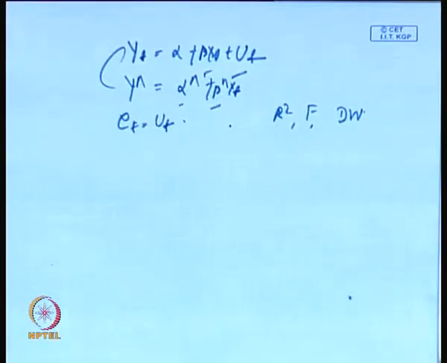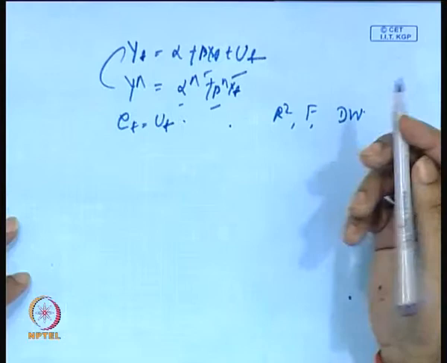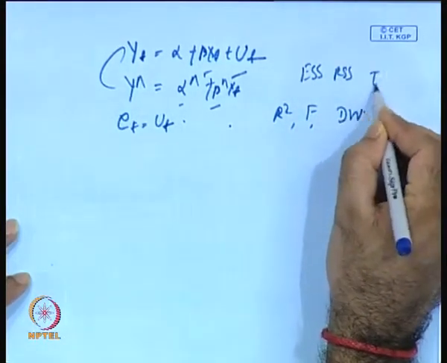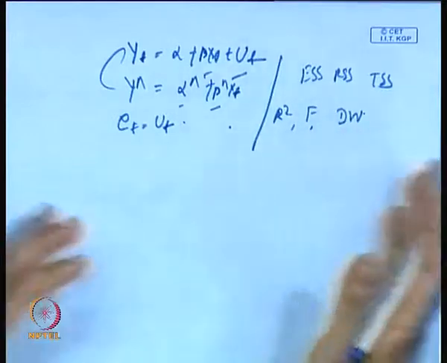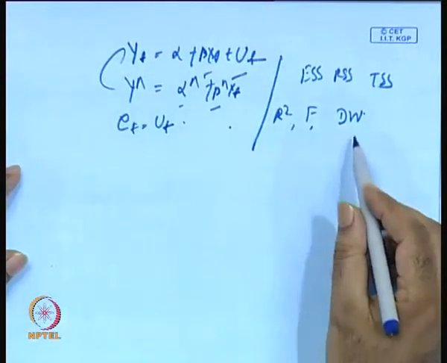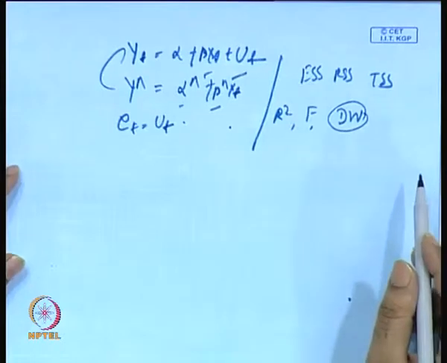So R square, F and d, provided there must be ESS, RSS, and then TSS. These are the other side of the problem, in addition to alpha hat, beta hat, t of alpha hat and t of beta hat. This is our assignment.